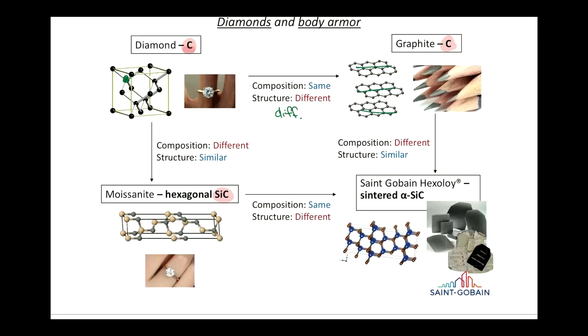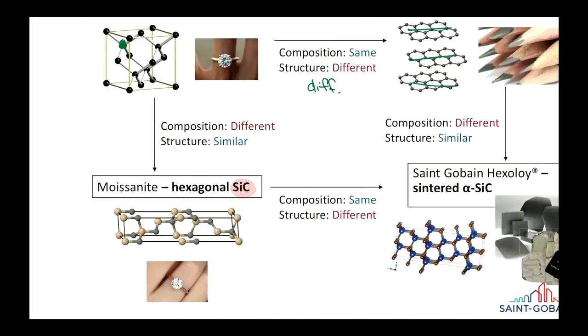So we're changing the composition, but just a little bit, all right? And so what we see, composition is different, but the structure is similar. We can look at the centers of some of these unit cells, and we still see we have this tetrahedron crystal structure. And so we end up getting very similar properties.